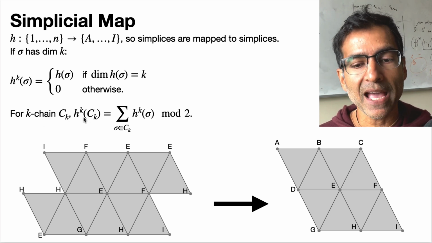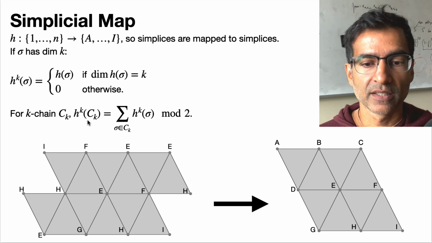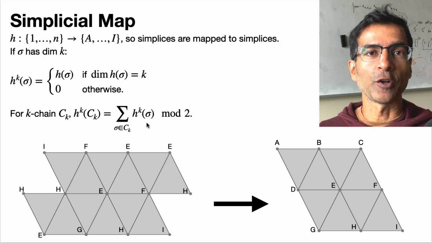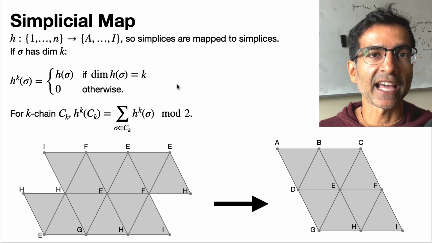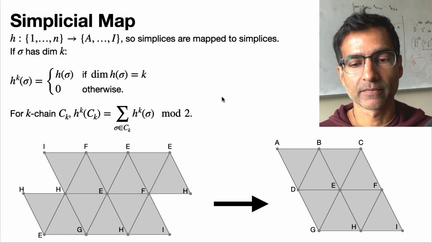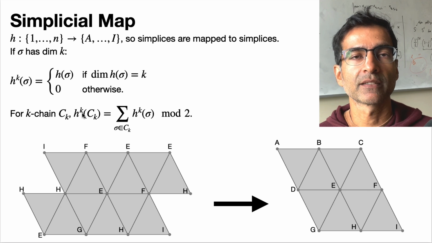I can extend this to a map that maps every k-chain in the first simplex to a k-chain in the second simplex, where I map each of the simplices according to H_k as I've defined here, and then I add up the resulting vectors modulo 2.